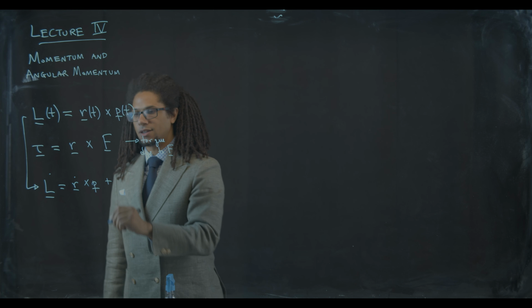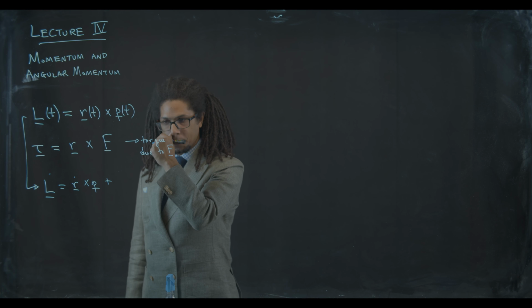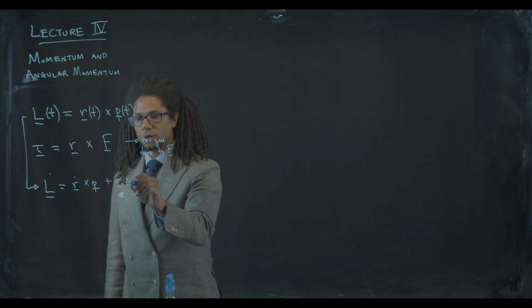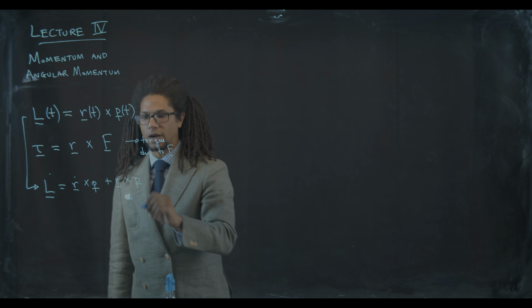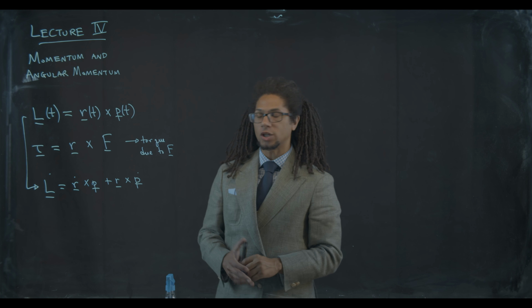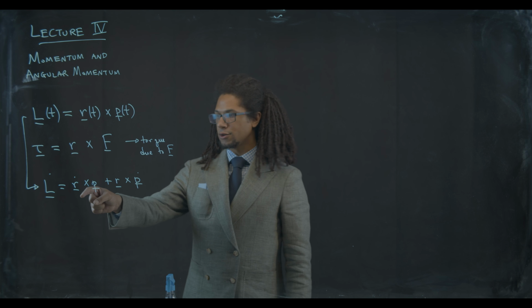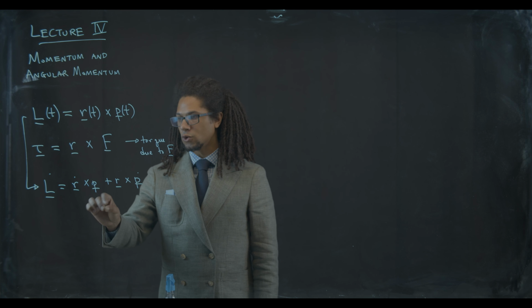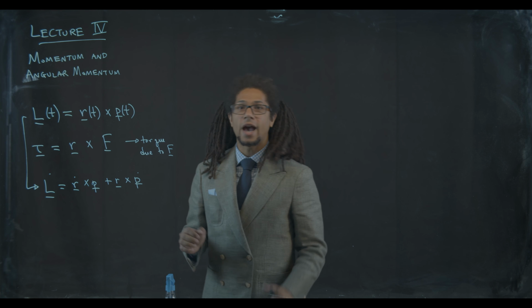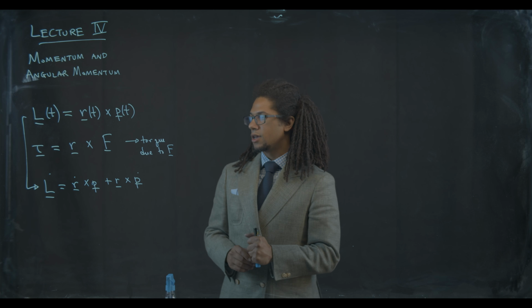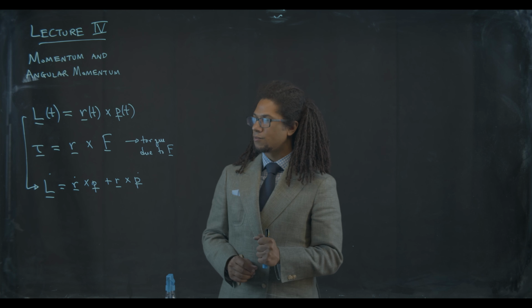Then we add, because of the product rule, r crossed with p dot. You might wonder if the product rule works in the same way through cross products, and in fact it does. Nothing very funky going on here.